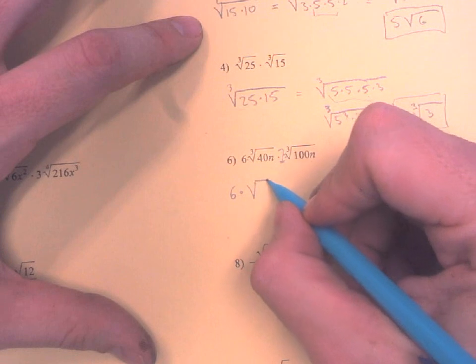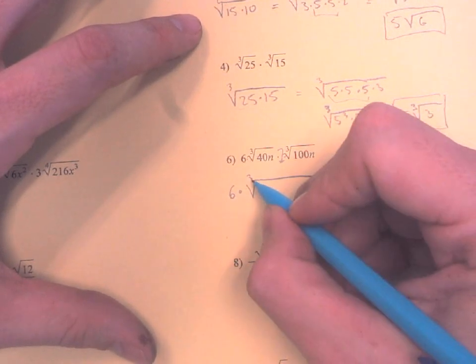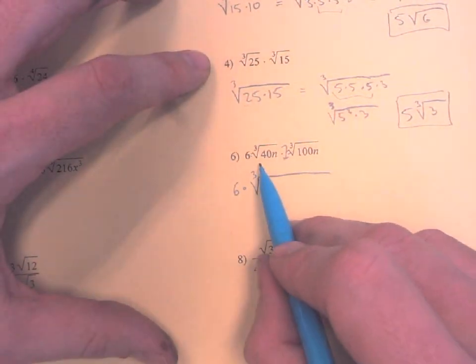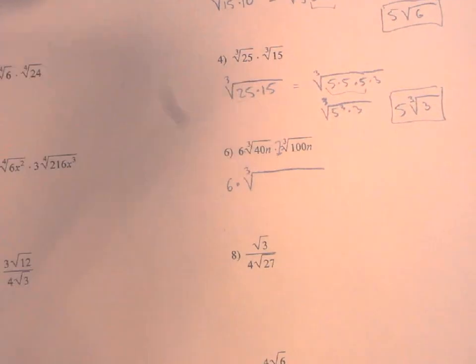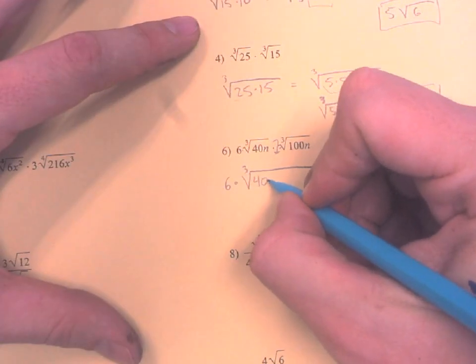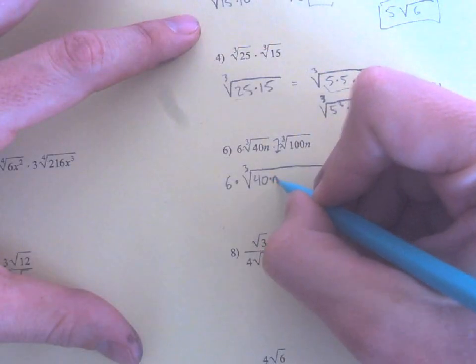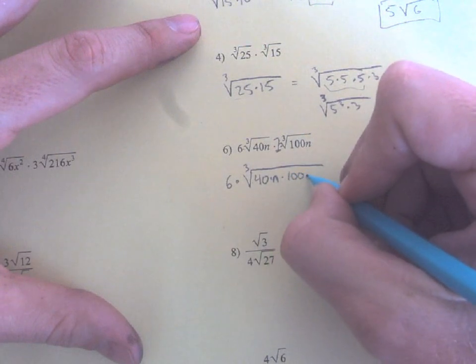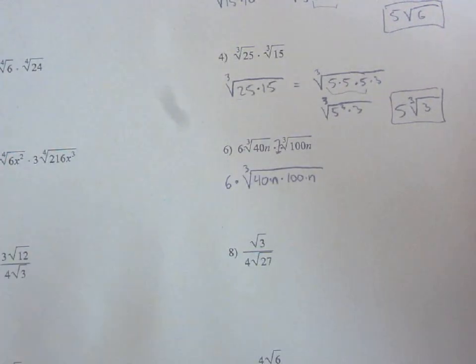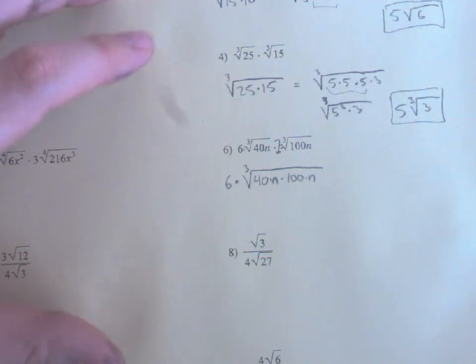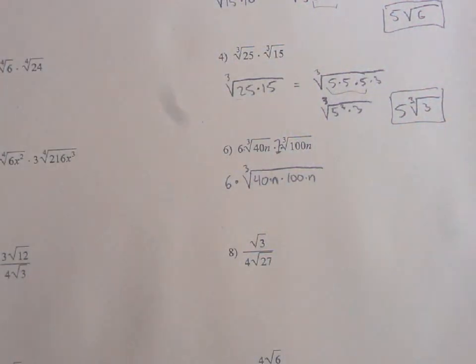So when we rewrite our root 3, we're going to have a 40n and a 100n inside multiplying each other. So I'm going to do 40 times n times 100 times n. And we're going to keep factoring the 40 and the 100. Now, we're looking for groups of 3, and you can prime factor these.